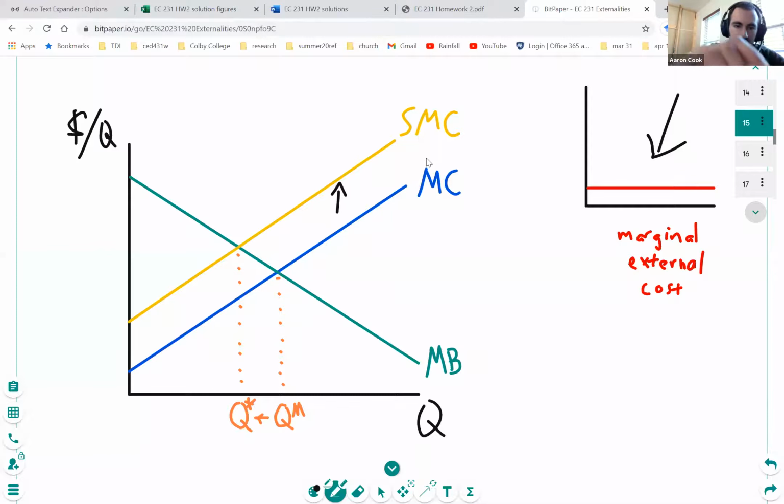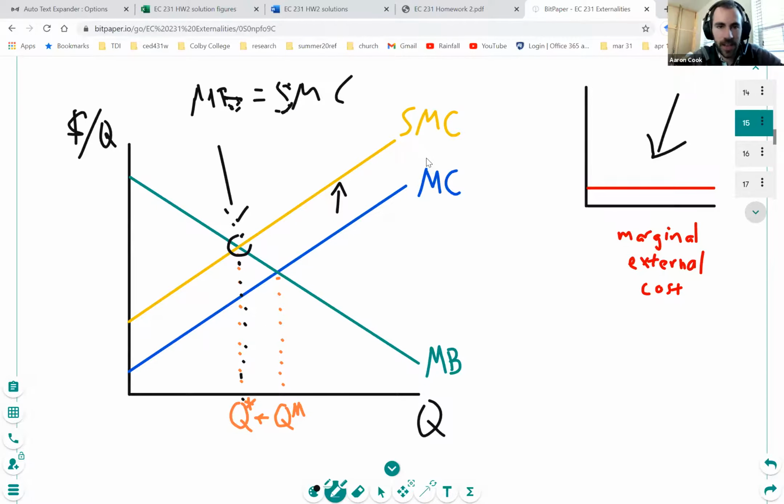And I'll just also mention too that where the social marginal cost curve intersects the marginal benefits, that's the quantity that we should be shooting for. In theory, in principle, that's the quantity that we would like to produce where the marginal benefits equal the social marginal cost. MB equals SMC, if you can read that, is where you want to produce Q star.